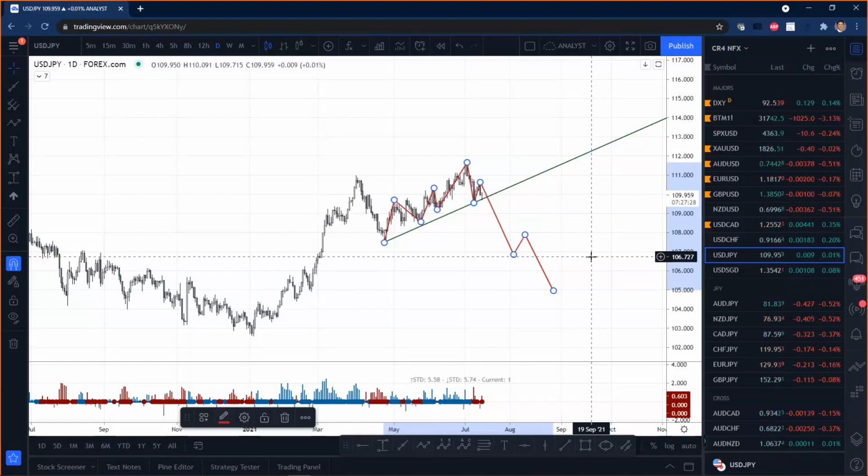Of course, we know that Japan is a very big economy, and when it comes to interest rates, they've been pretty much zero for a very long time, and so this idea of carry trade comes into play.